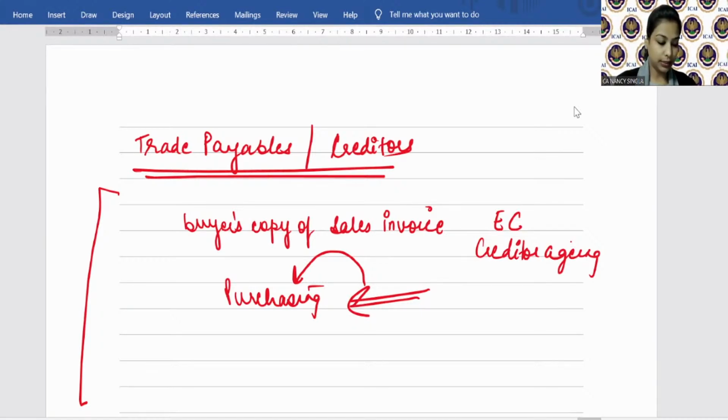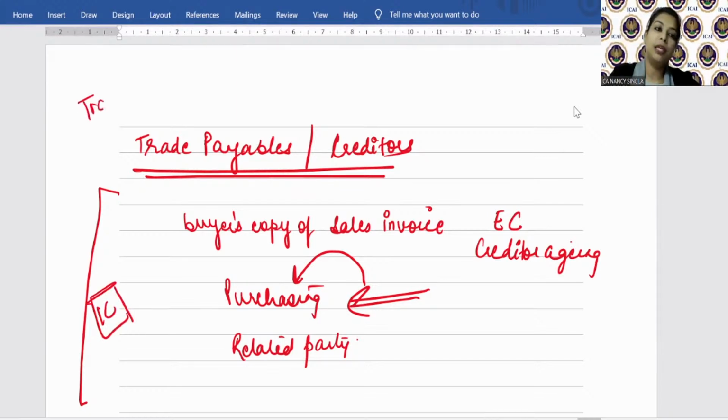Send in your replies. So external confirmation, purchase invoice, yes, related party transaction, okay. And here, internal control of what will you check? Like in trade receivables you checked first, you obtained comfort with respect to the internal control of sales.